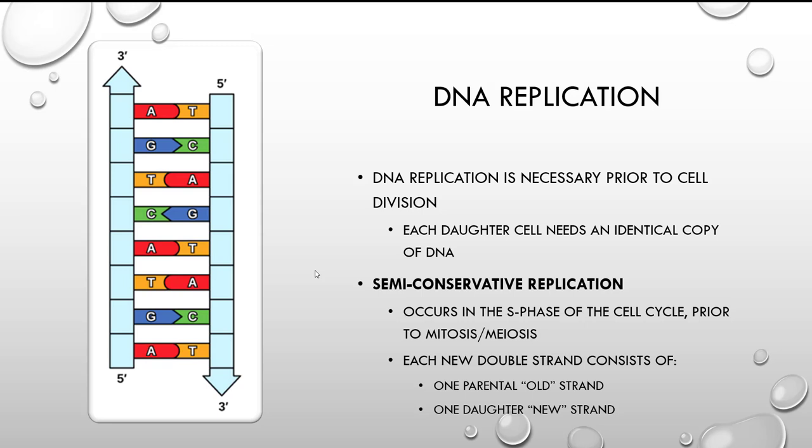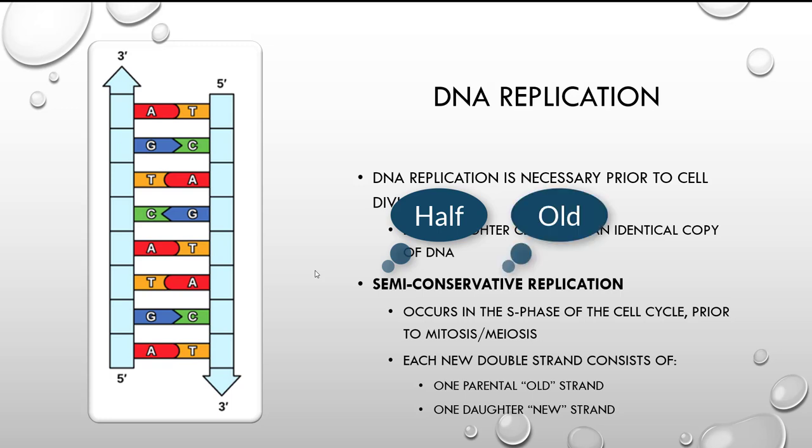How can we take our entire genome, which is basically our entire genetic code, and copy it precisely so that we have two copies of it? One can go into each of the daughter cells after replication. This process is known as semi-conservative replication. Why is it called semi-conservative? Well, semi means half, and conservative, think old.